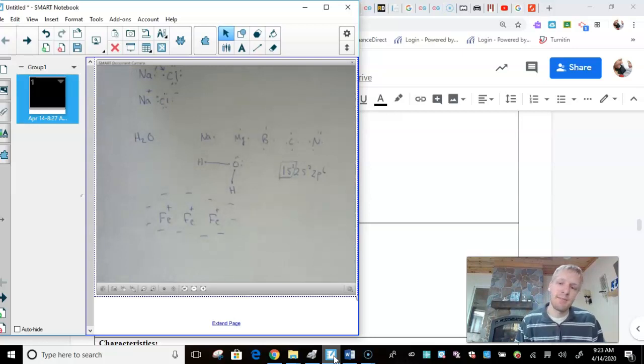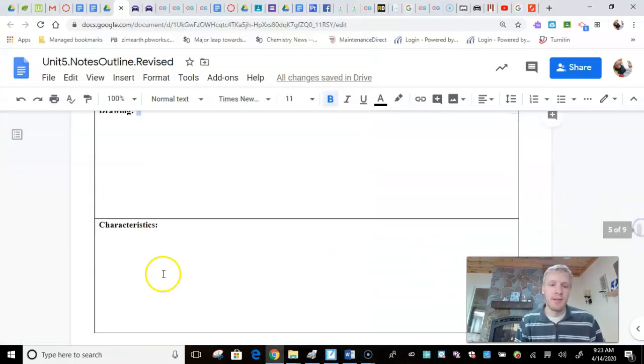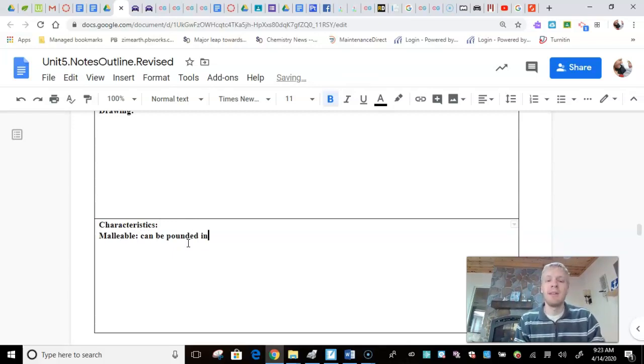This is what causes metals to be very malleable and ductile. Malleable means can be pounded into sheets. Ductile means can be spun into wires.